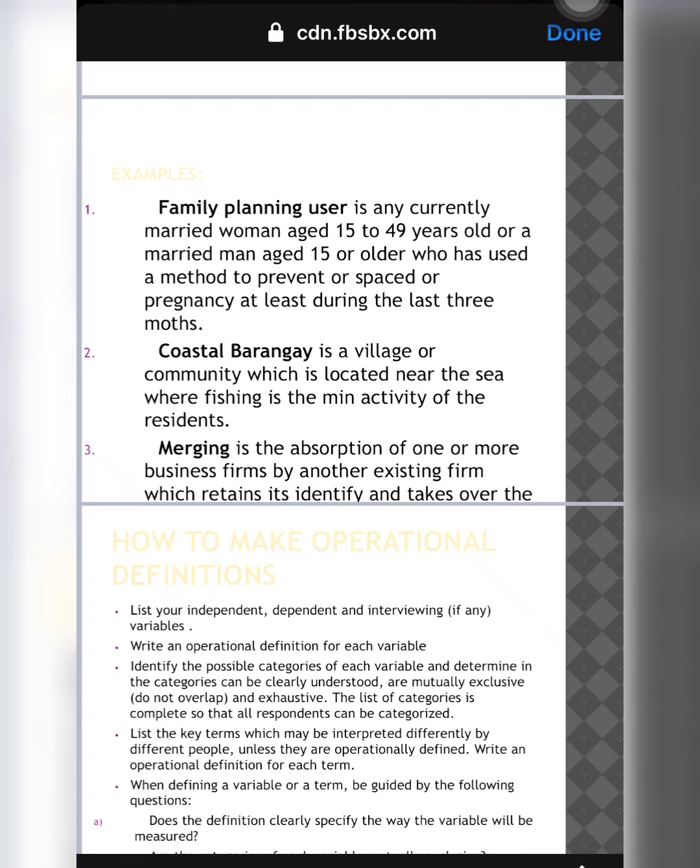Second, coastal barangay is a village or community which is located near the sea where fishing is the main activity of the residents. Merging is the absorption of one or more business firms by another existing firm, which remains its identity and takes over.